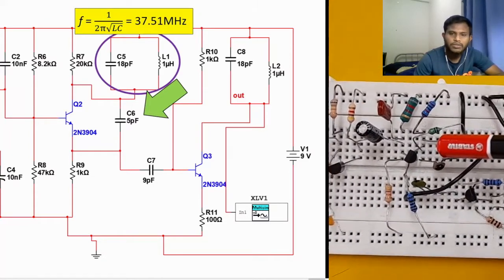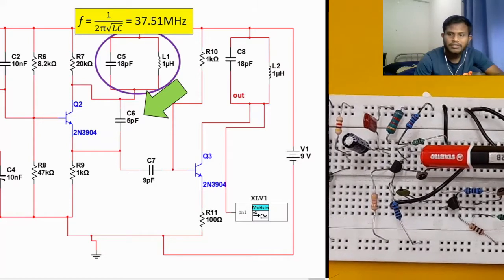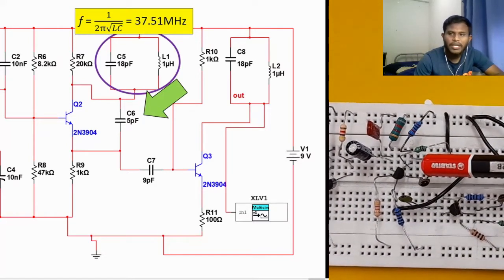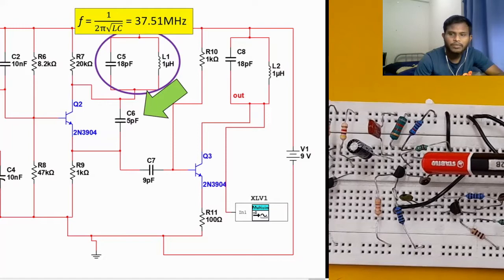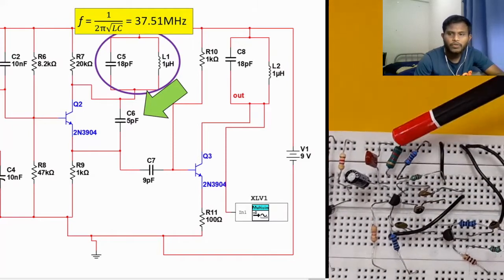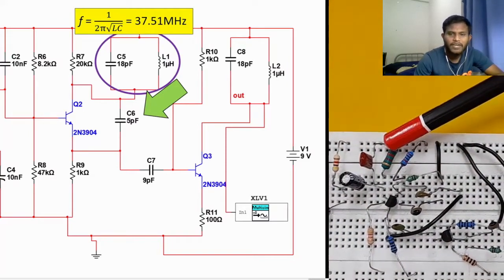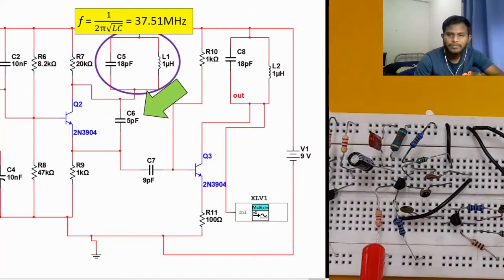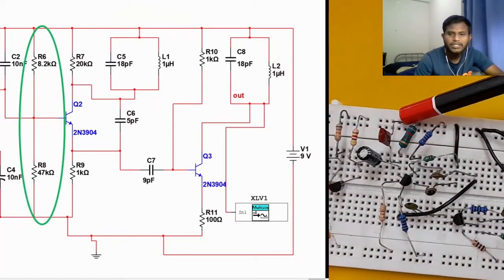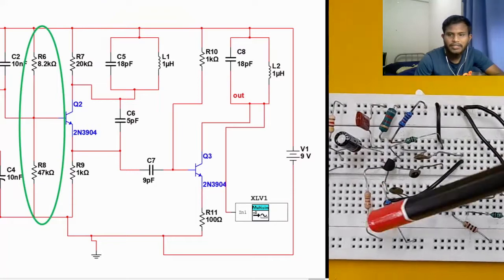We are using 2N3904 transistor, and we prefer the value of C9 between 4 to 10 picofarad. Here we select 5 picofarad capacitor. And this is R6 and R8.